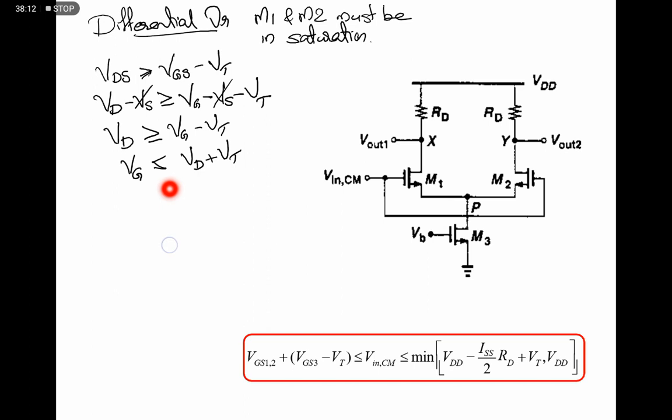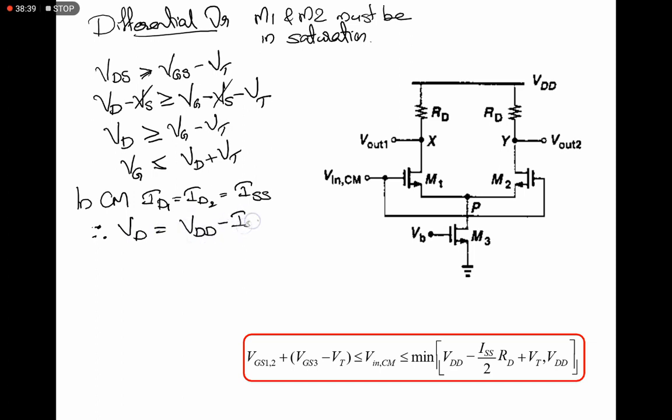From this we will derive this condition: V in common mode must be less than VDD minus ISS by 2 RD. Because in common mode operation, ID1 equals ID2, and the sum is ISS. Therefore, the value of VD we can write as VDD minus ISS by 2 into RD.